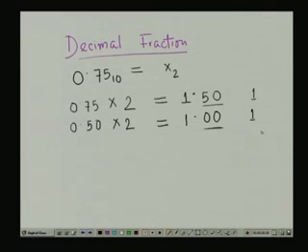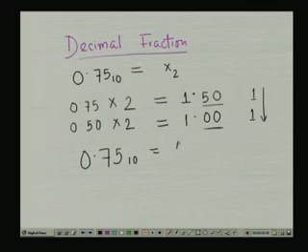Now I will take the digits in the normal direction, that means first I got 1, then I got 1. So 0.75 in decimal will be 0.11 in binary, that is 0.11 base 2.